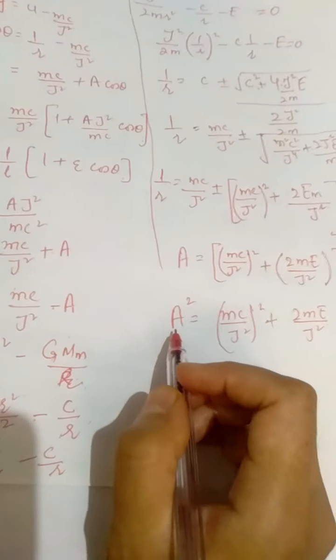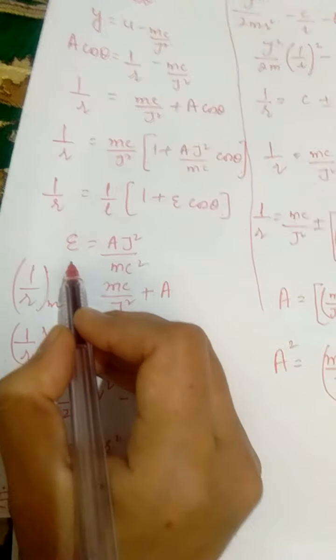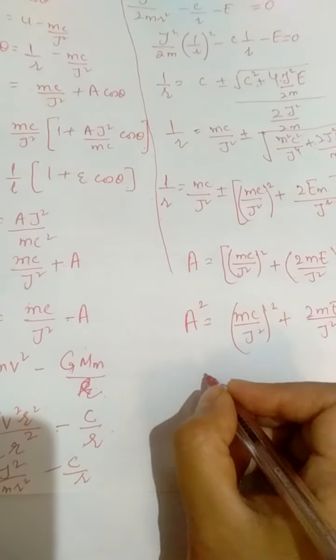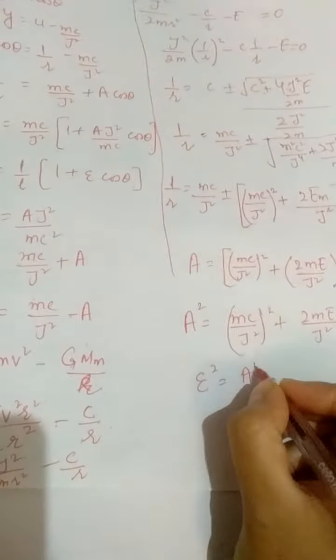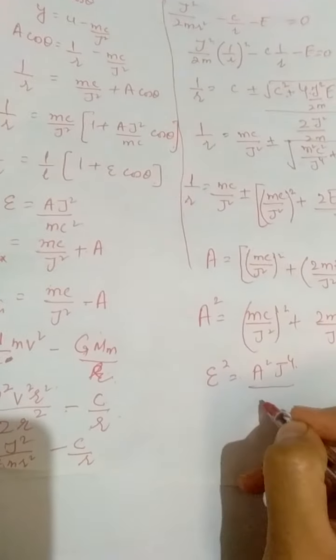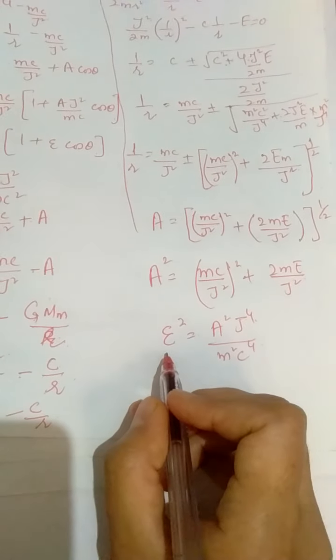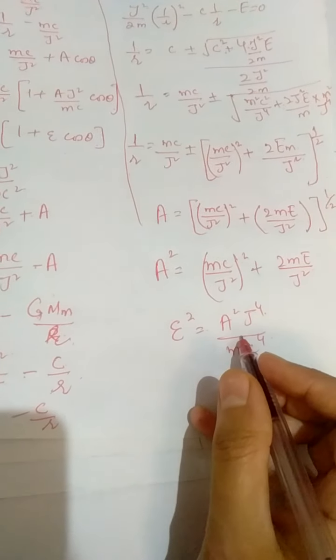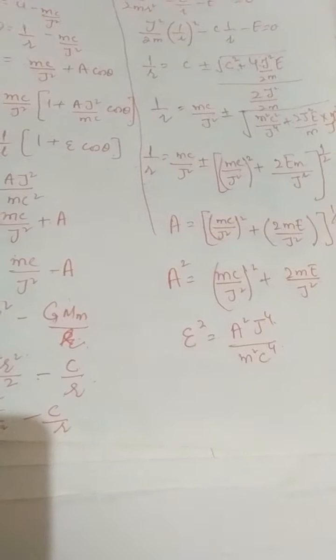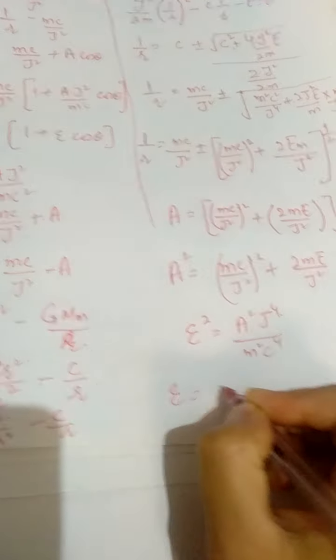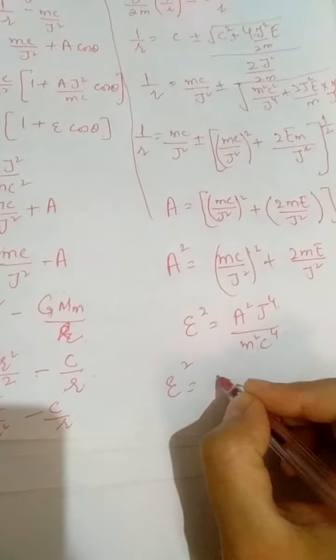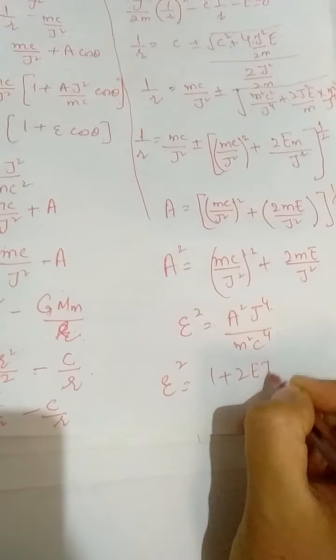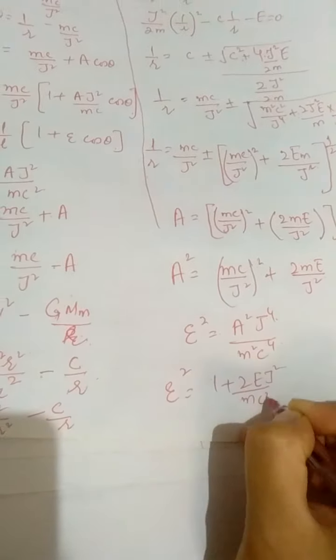And then you can substitute this value of a in this equation, in which we are in need of this, right? But previously you need to write it as epsilon square, that will be a square j4 by m square c4. Now once you substitute this value of a in this e, you get the value of eccentricity, right? And that value will be obviously, e square is equal to 1 plus 2 ej square by mc square.